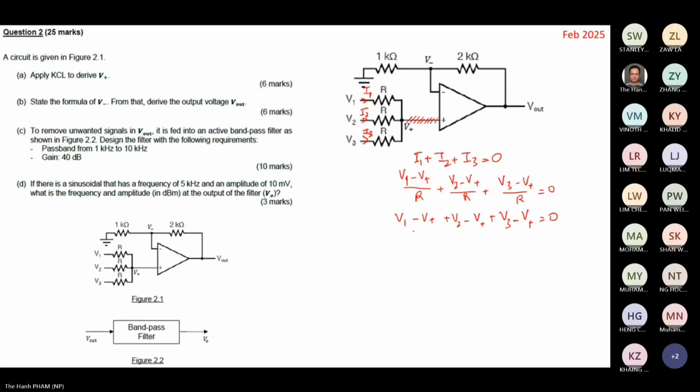Then this should be V1 plus V2 plus V3 minus 3V plus should be 0, right? Or 3V plus is V1 plus V2 plus V3, or V plus is V1 plus V2 plus V3 divided by 3, right?